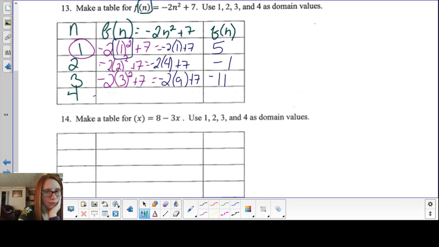Next one, I have negative 2 times 4 squared plus 7. Four times 4 is 16. So I have negative 2 times 16 plus 7.